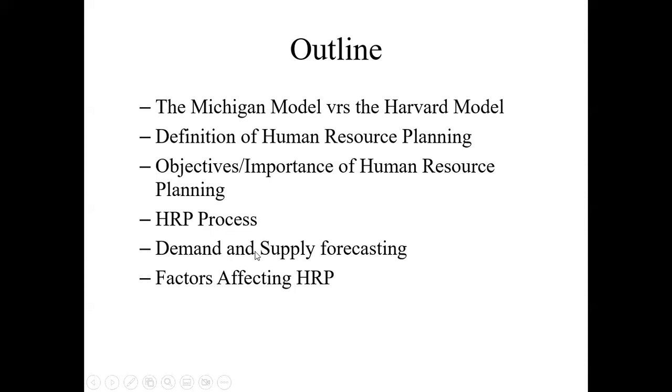Then we will look at the techniques that can be used to embark on human resource forecasting, which include demand forecasting and supply forecasting. At this level, I'm not sure how the nature of the exams will be like.